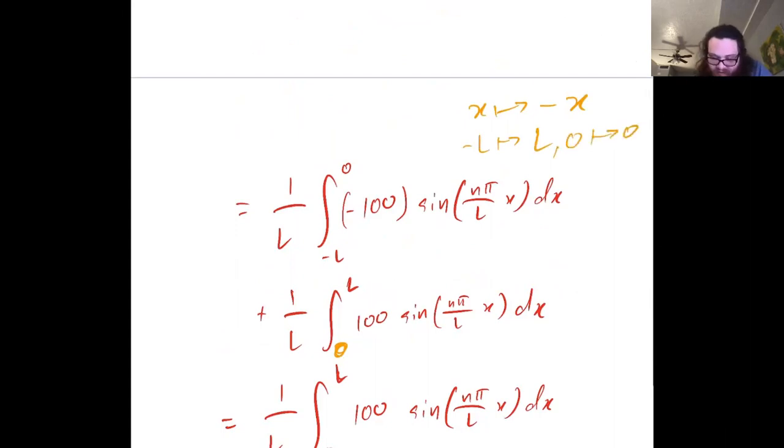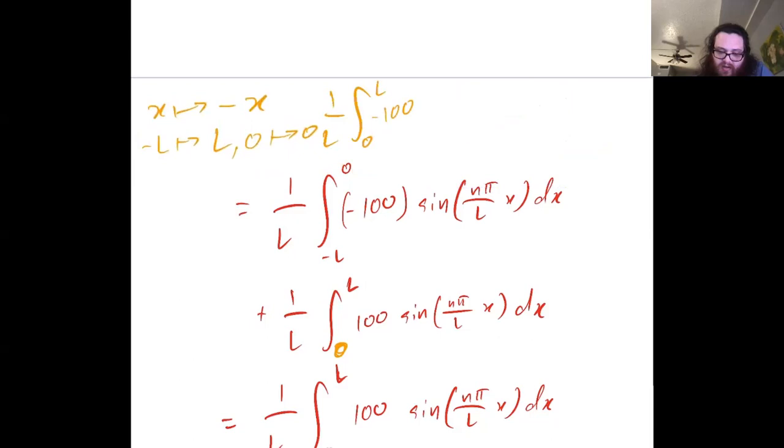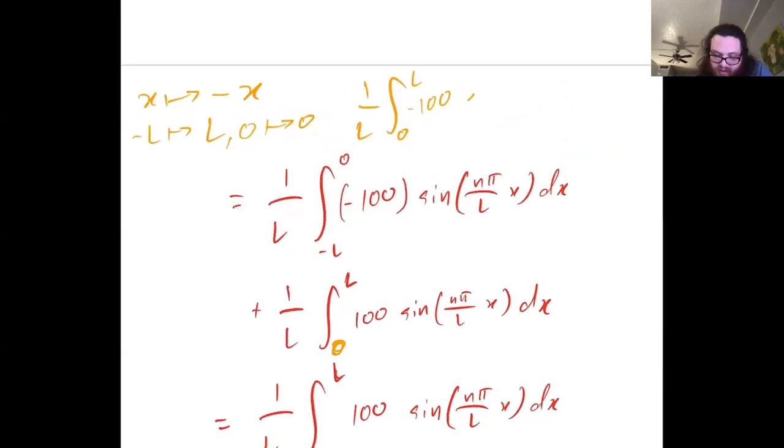And then the integral becomes 1 over L, integral from 0 to L, negative 100 times sine of n pi over L x, with a minus in here, and then d of minus x. And these bounds should actually be from L to 0.